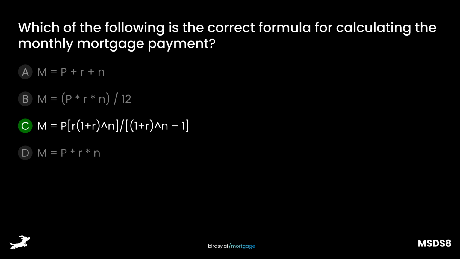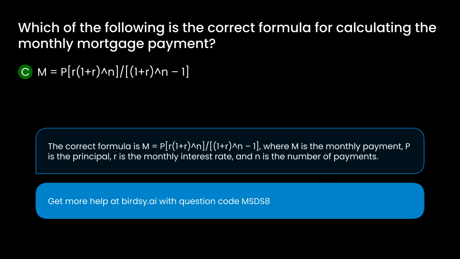The answer is C. The correct formula is M equals P times R times (1 plus R) to the power of N divided by (1 plus R) to the power of N minus 1, where M is the monthly payment, P is the principal, R is the monthly interest rate, and N is the number of payments.